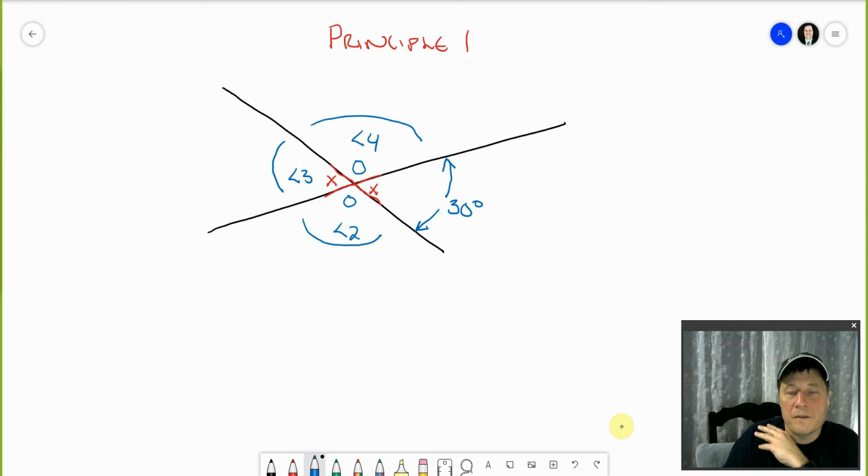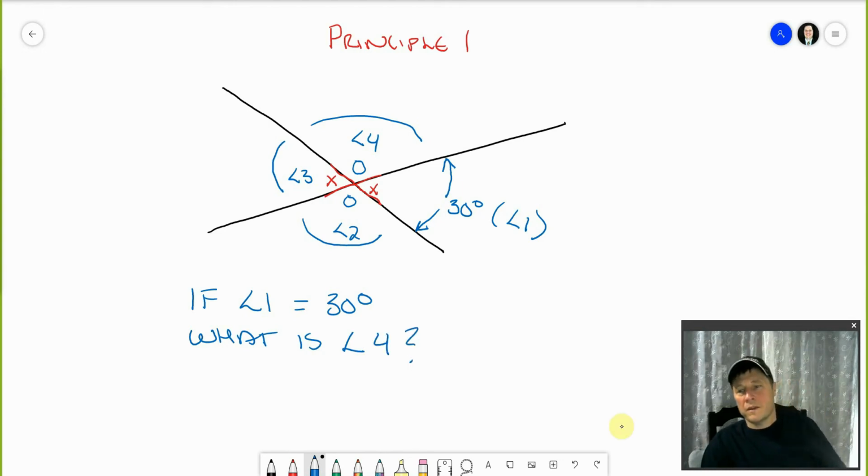And 30 degrees is angle 1. Okay. So if angle 1 equals 30 degrees, what is angle 4?